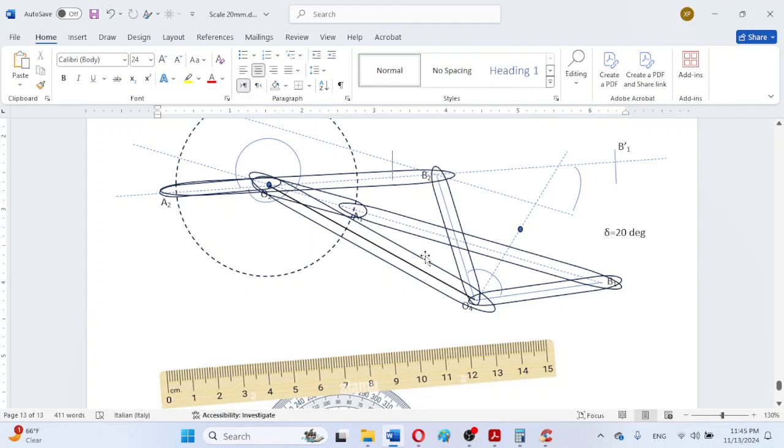So these two positions of the quick return 4-bar mechanism have been drawn.